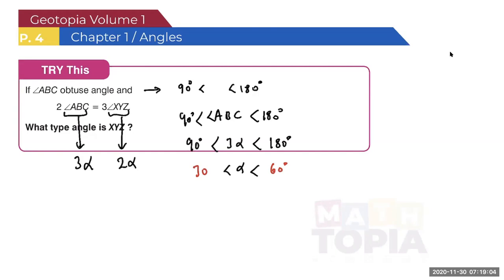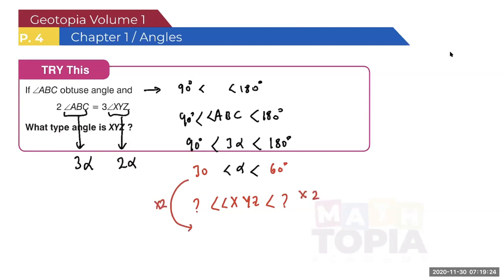So then what are we looking for? We are looking for XYZ, right? What degrees is it between? Well, it would be 2 alpha. How do we get that? We multiply everything by 2.